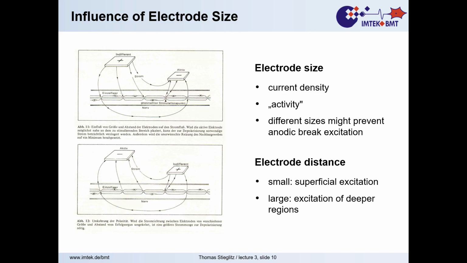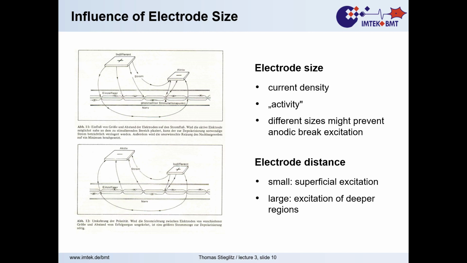And therefore, we quite often use charge density or current density. That's the current per area that we use. By that, we better know how dense it all is. So in these cases, the active electrode should be the smaller one, and the field lines are more dense, and therefore we might get excitation there.